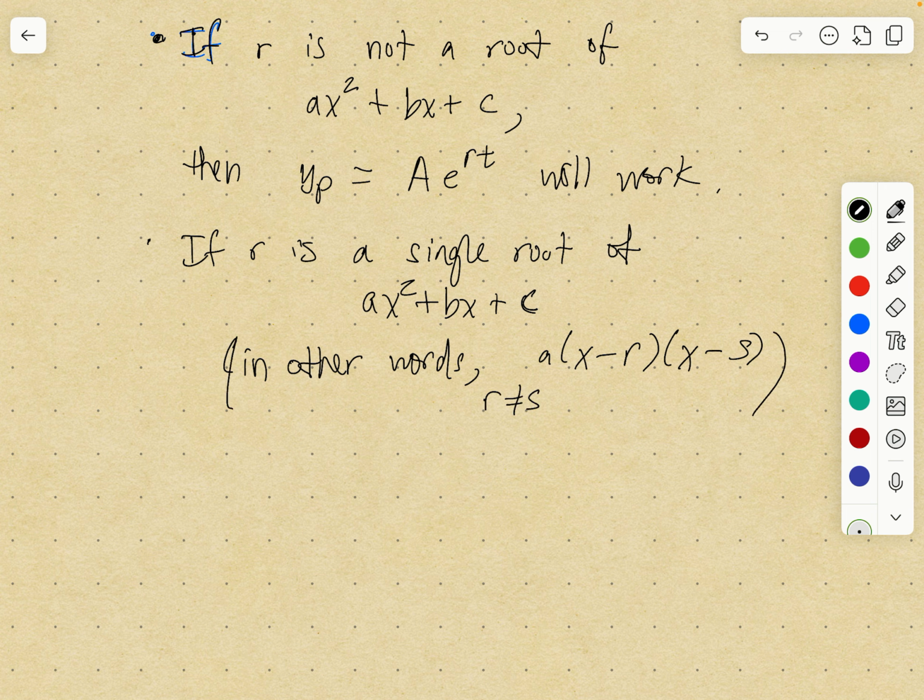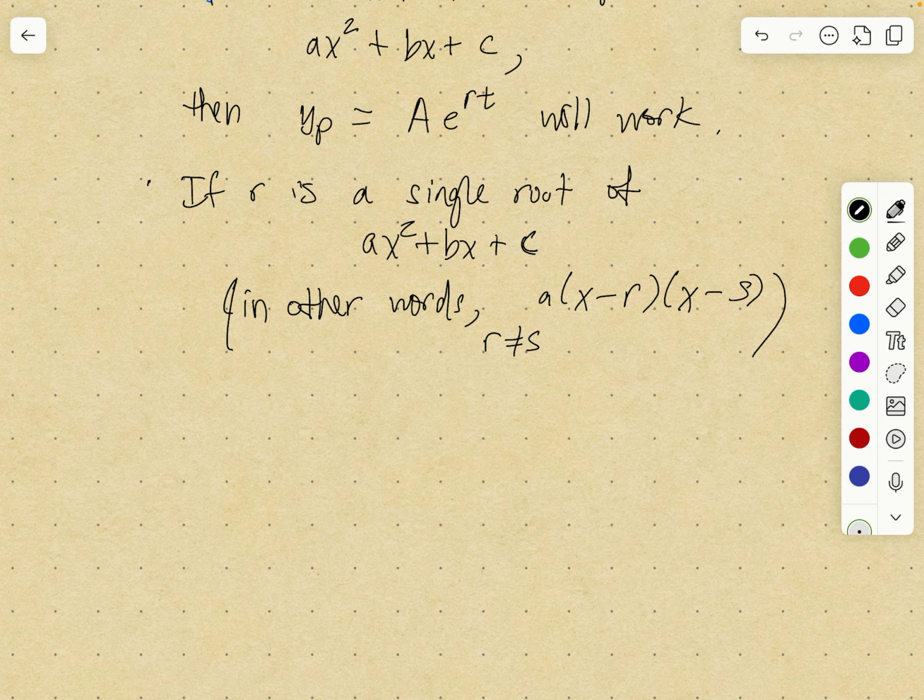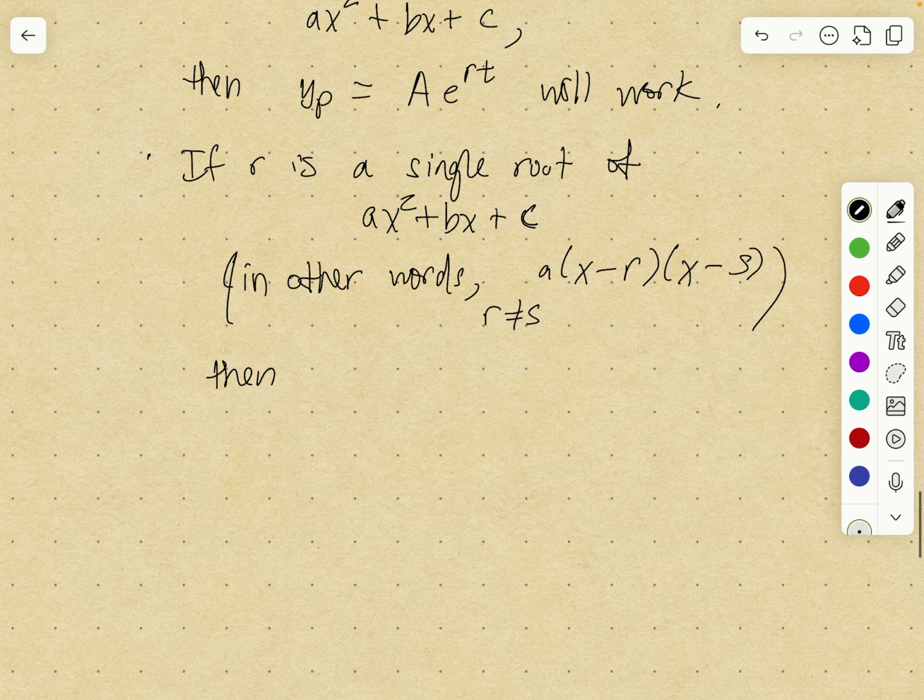So if you have something like this, then you have to multiply your initial yp by t. So then yp equals A t e to the rt will work.